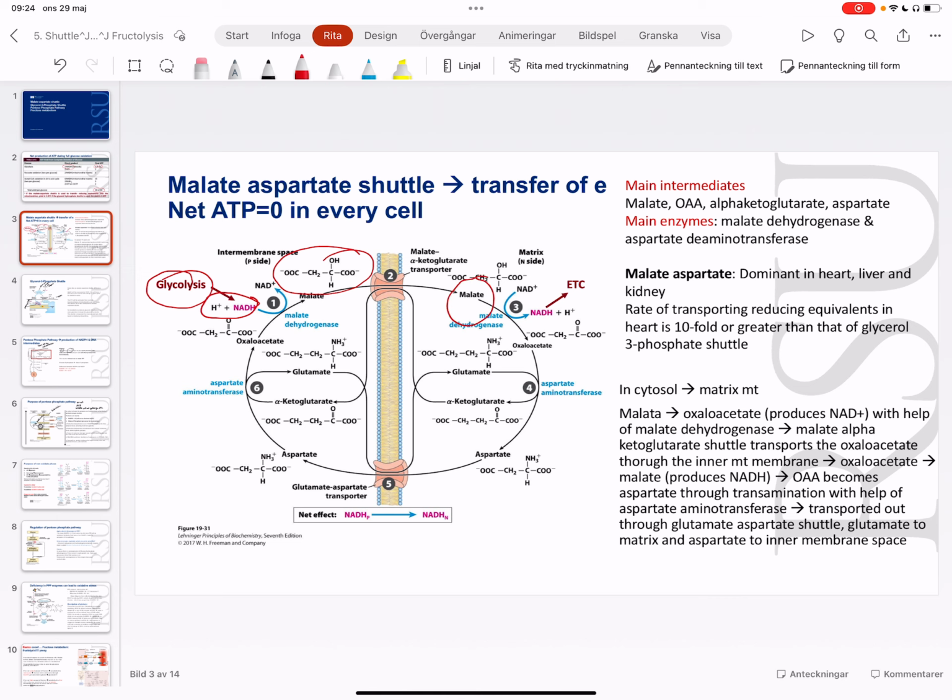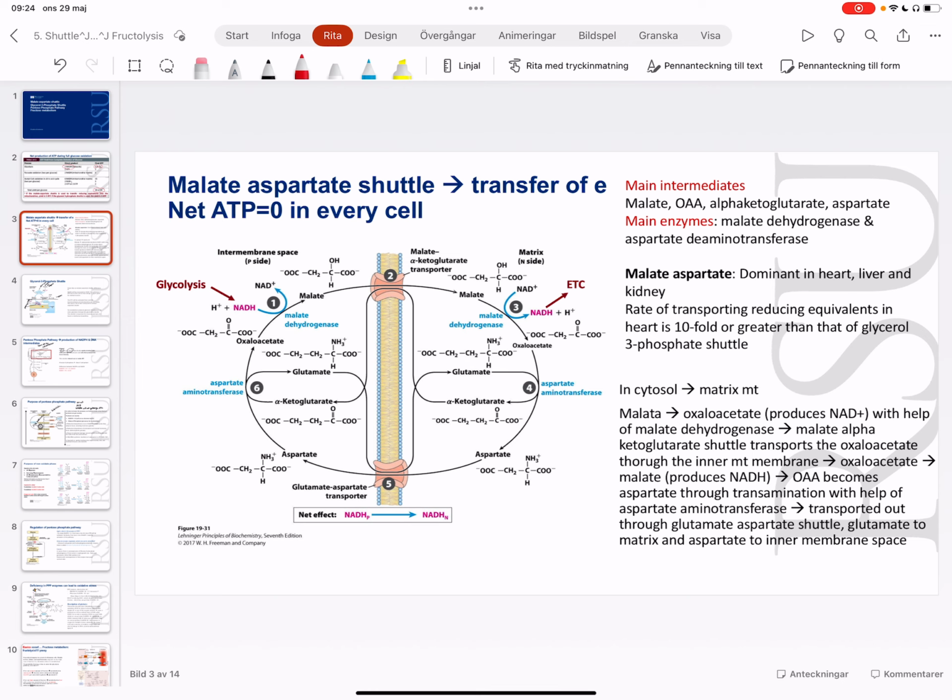So malate will oxidize into oxaloacetate, and by doing that, it will give away a hydrogen to the NAD+, and then it will form NADH. Yes, and the net ATP of this is 0, so no ATP will be produced or used. It's just the transfer of electrons that the malate-aspartate shuttle will do.